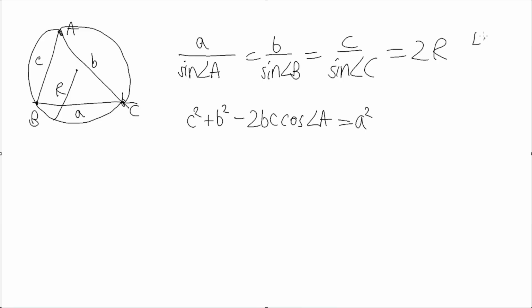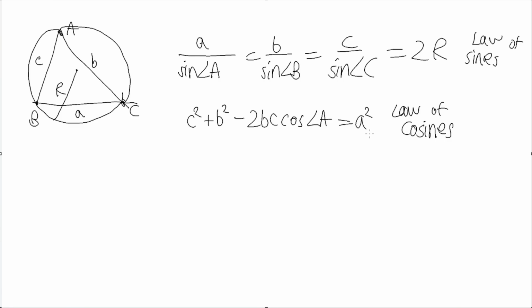So this is the law of sines, and this is the law of cosines, which you probably already know from computational math. So you have this law of sines and law of cosines, and these allow you to solve for the sine of the angle and the cosine of the angle. Or if we know the cosine of the angle, we can solve for the other sides.